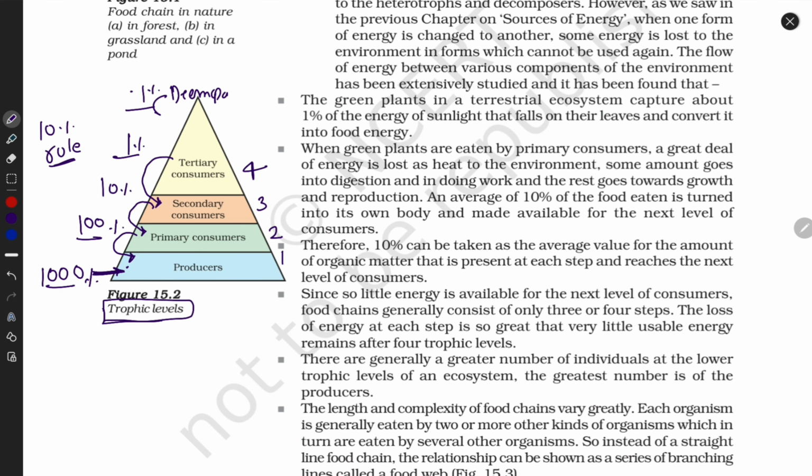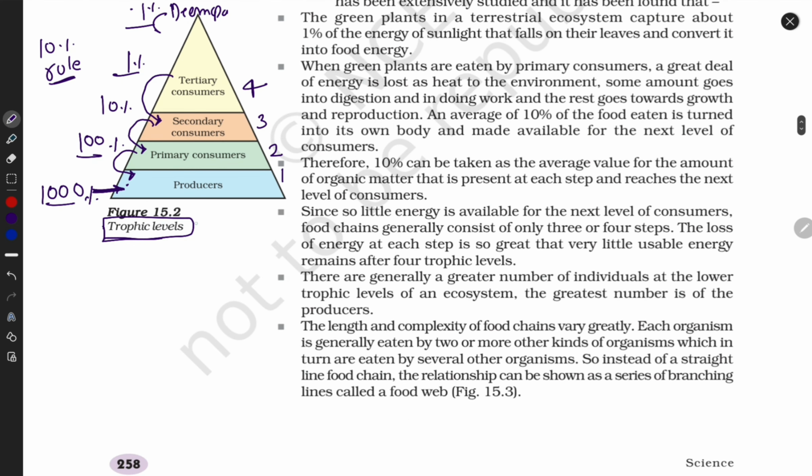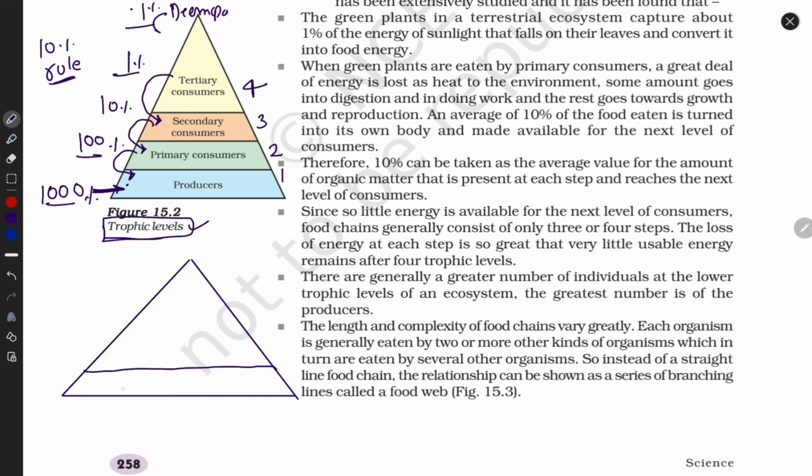This is the trophic level. According to trophic level, maximum pyramids are drawn, like according to biomass. Look here, according to biomass, maximum biomass is produced by producers. Less biomass is produced by consumers.